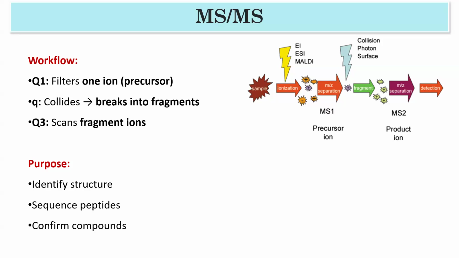So first you use MS-MS, and in between there will be a fragmenting chamber, like the small q. There we send some selected molecular ion or fragment ion to this fragmentation chamber, where the ion will fragment again, and then we can better understand what kind of amino acids were present in that protein.